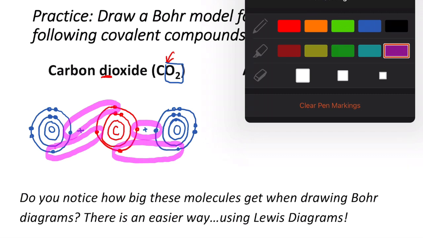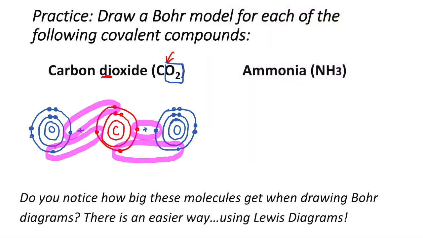So again, you don't have to show it in 2 steps like this. You can just show the final product, but I wanted to give you a visual. So again, we've got our carbon in the middle. I'm just going to cross this out for now, but I don't want you to get confused and think that I'm drawing it underneath. So this is the continuation of carbon dioxide.